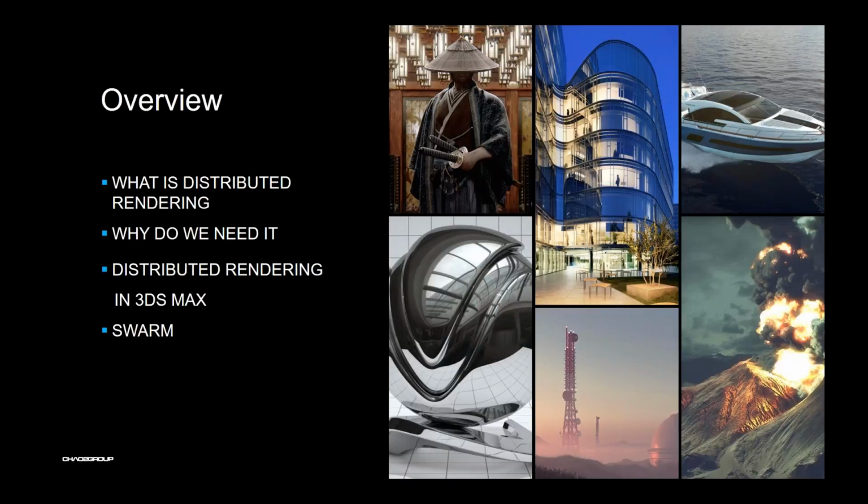Quick overview, guys. I'll start with what is distributed rendering and why do we need it. Then I'll explain step by step how to set up distributed rendering in 3ds Max using only V-Ray DR, then using a simple render manager, BACKBURNER from Autodesk, which is free, and of course we can use a professional render management system for huge scale render farms.